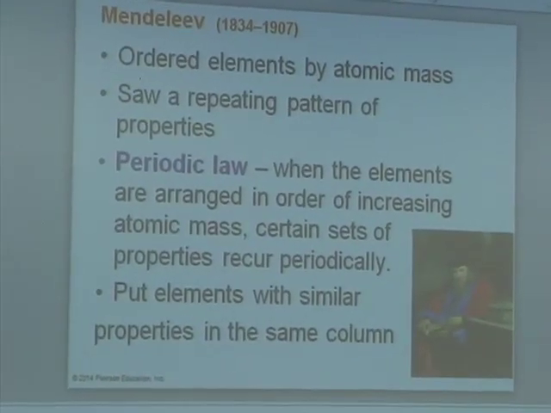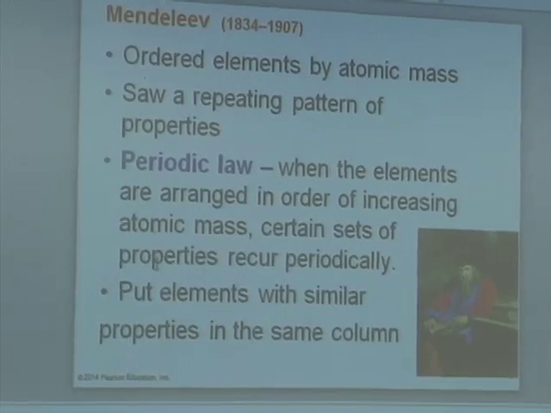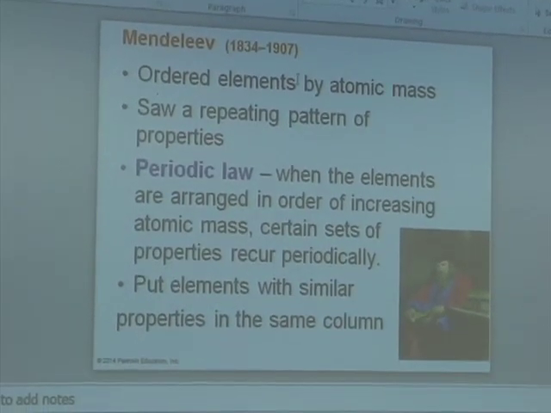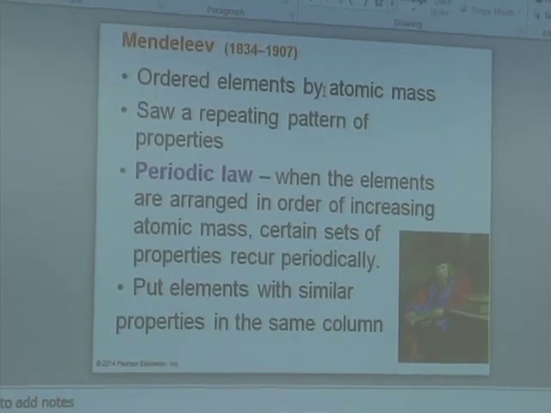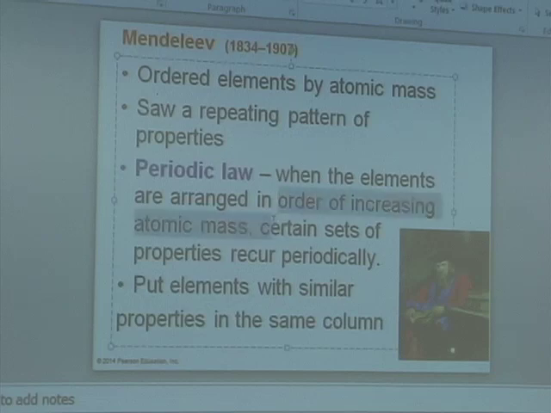And we learned that it was Dmitri Mendeleev who developed the periodic law, where he ordered the elements by atomic mass and saw a repeating pattern. As a result, he arranged elements in the order of increasing atomic mass.